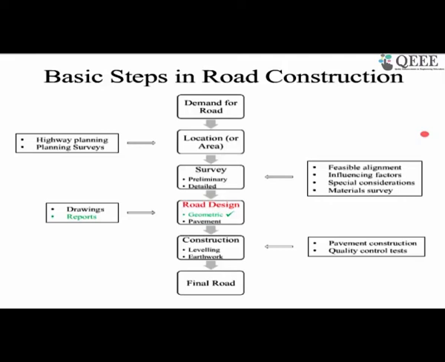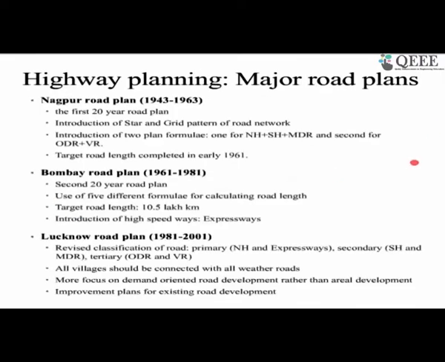So as I told you, the basic steps in road construction. Now in the planning process, the first plan was the Nagpur Road Plan, where the roads were divided into national highway, state highway, major district road, other district road, village road, etc. Then came the Bombay Road Plan, which is 1961 to 1981.